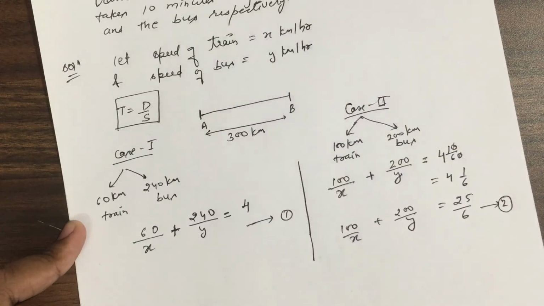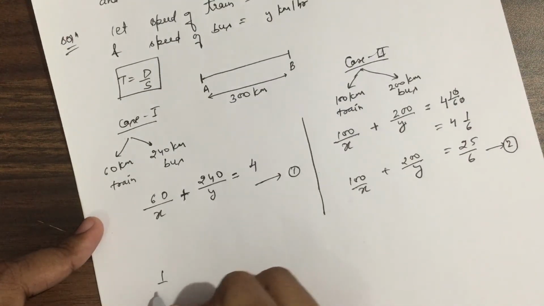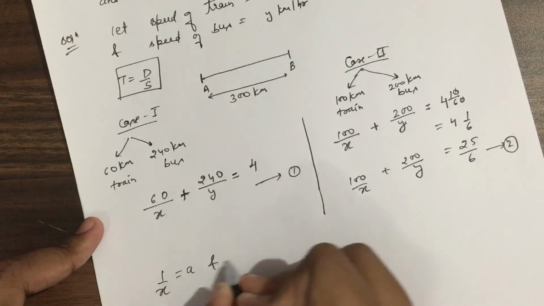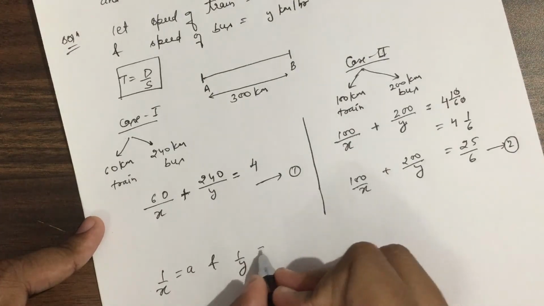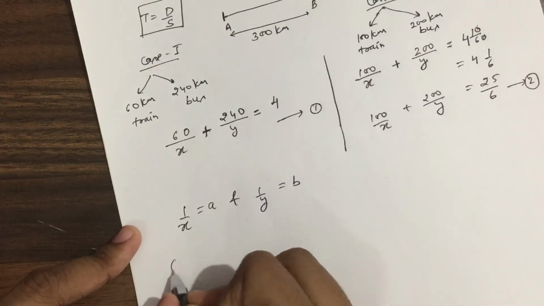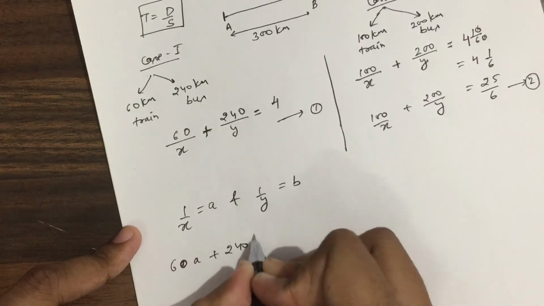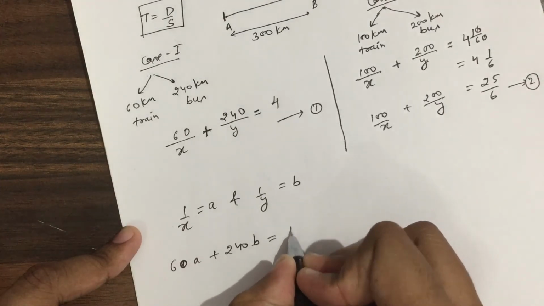Now again these are not in standard form. So first of all we should convert them into standard form by assuming 1 upon x equal to a and 1 upon y equal to b. So this will reduce to 60a plus 240b equal to 4.